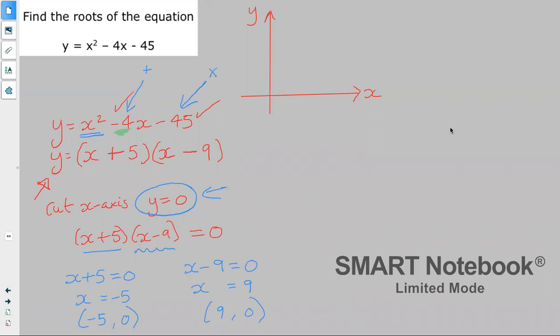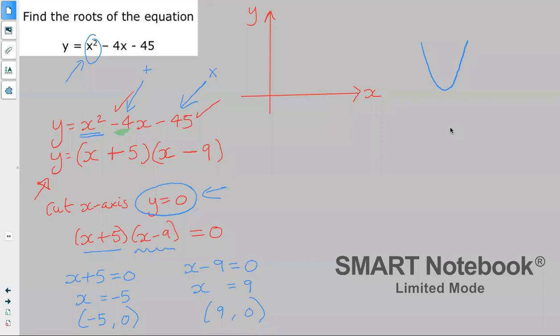And that is where this cuts the x-axis. It doesn't ask you to do this, but if you were to draw this, it's an x squared trinomial, or quadratic, so you know the parabola is in the shape of a happy face.